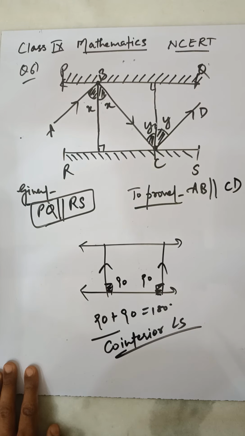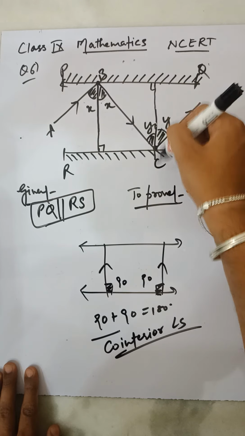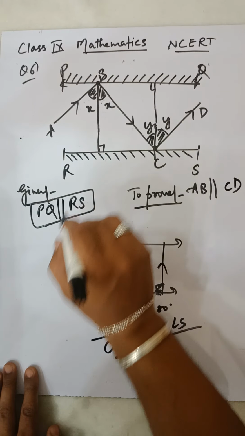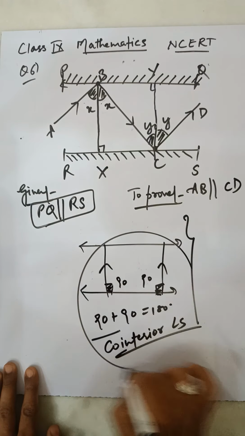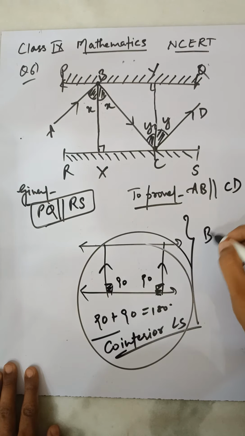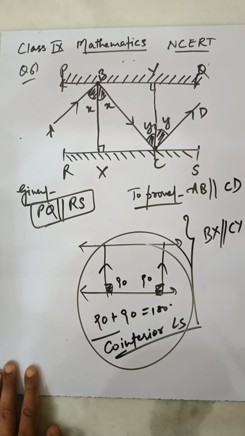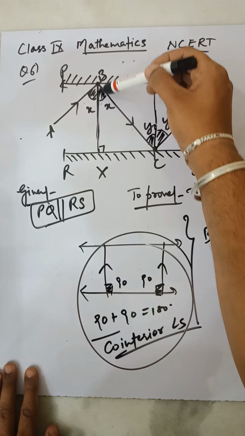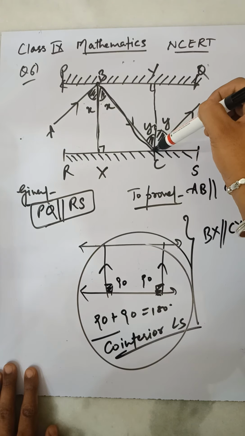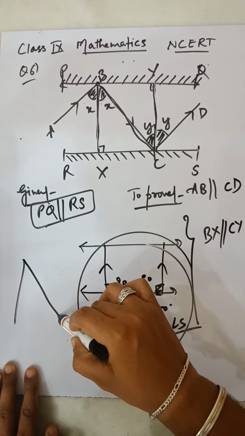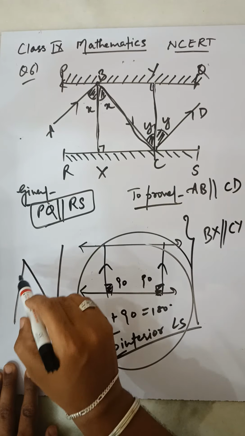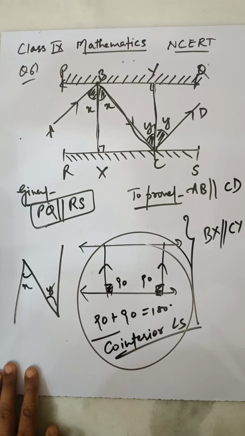So that's why this is parallel to this. Let us name them X and Y. By this property of co-interior angles, BX is parallel to CY. And BX is making an alternate pair of angles with CY, that is x equals y.